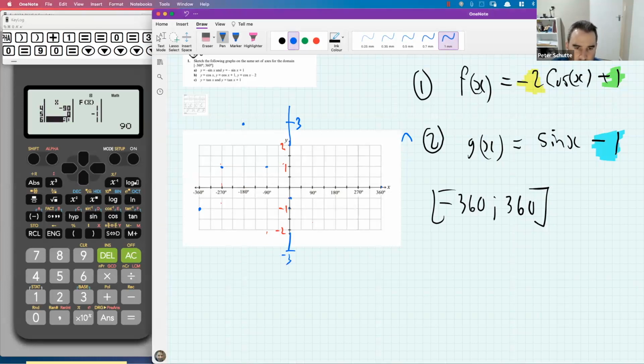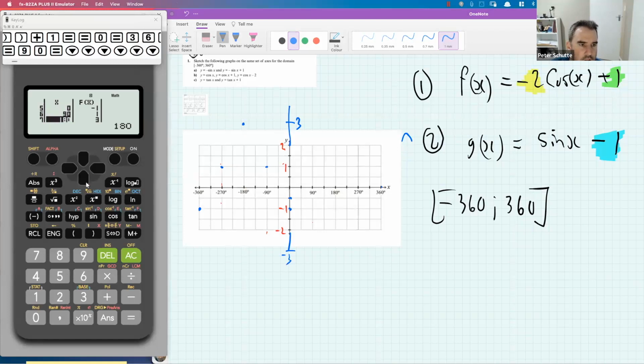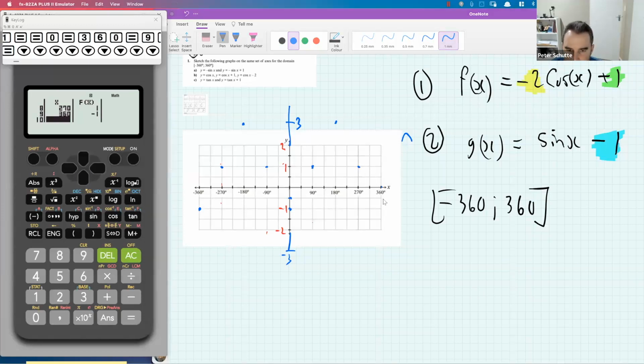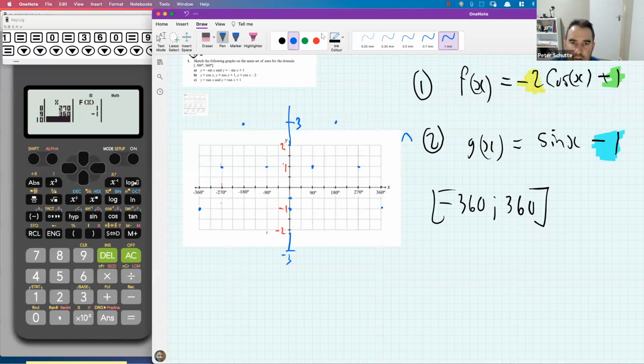At 90 I've got 1, and 180 is 3. Oh, this is quite a big one. 270 is back down to 1. And then 360 back down to minus 1.